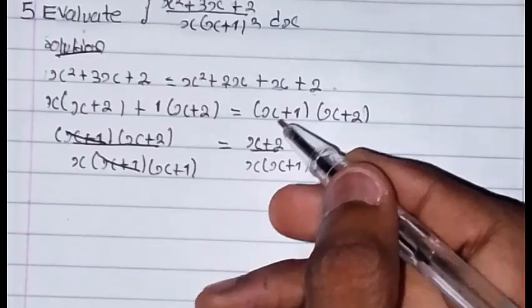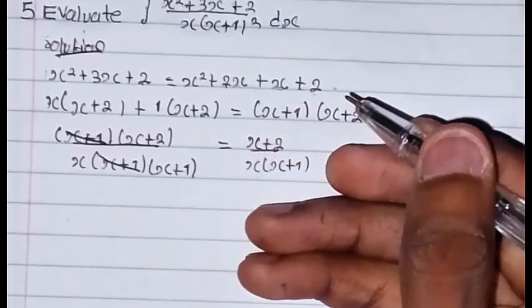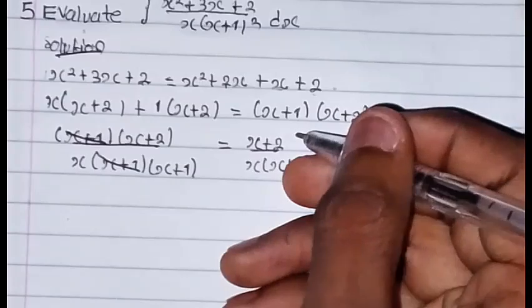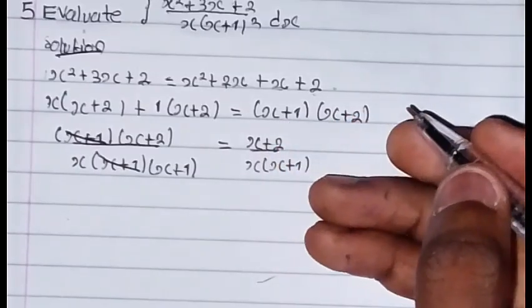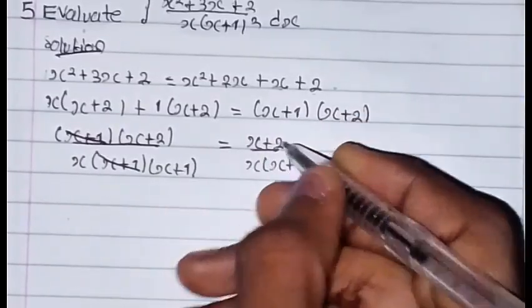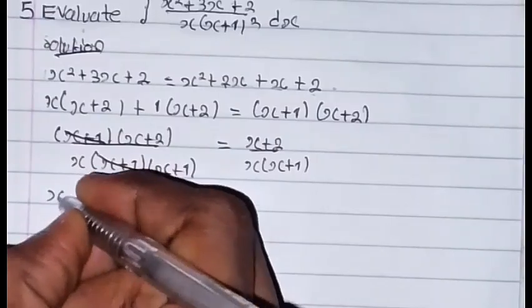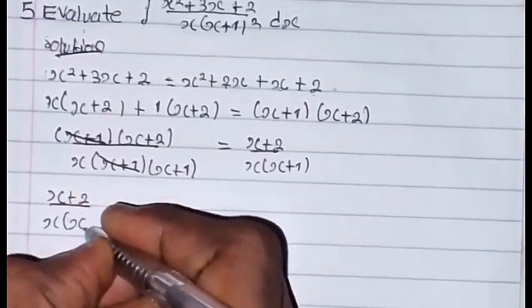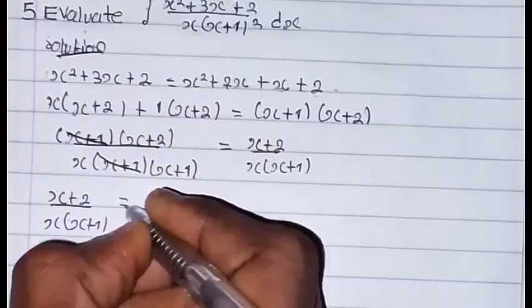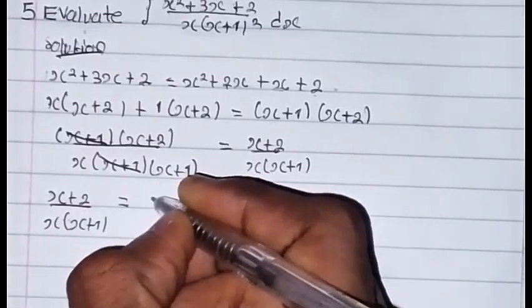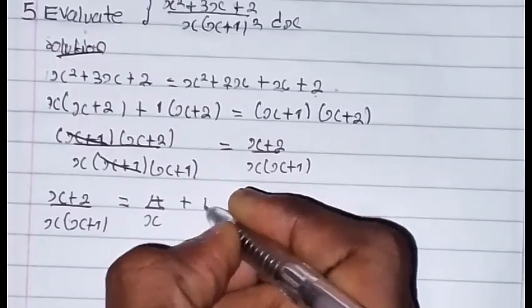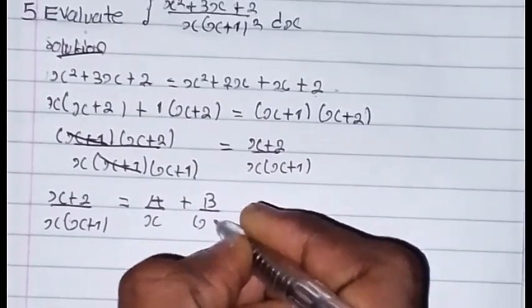Our next goal is to simplify this fraction, by decomposing it. We use the partial fraction decomposition method, which is a topic we'll treat in another video. To decompose this, we say that x plus 2 over x, bracket x plus 1, is equal to a over x plus b over x plus 1.